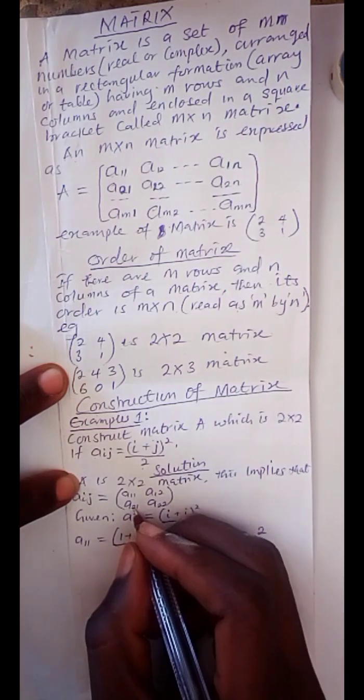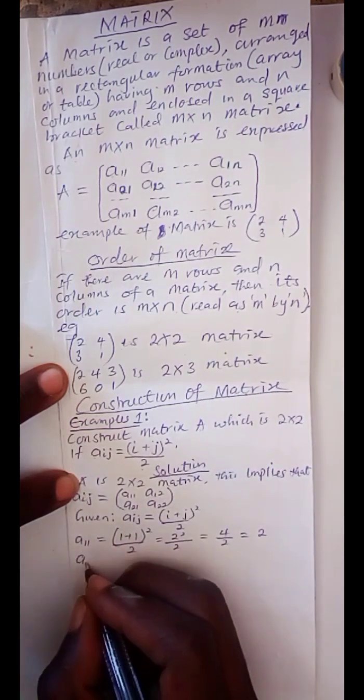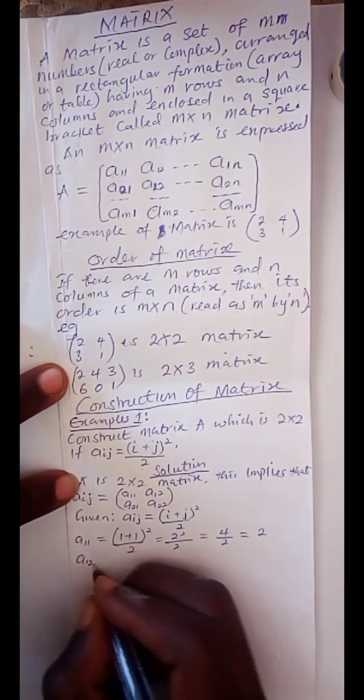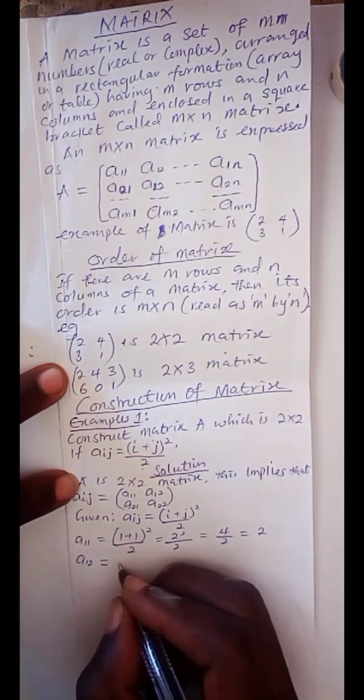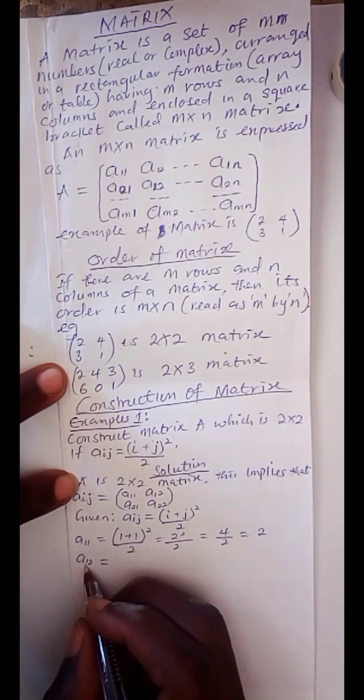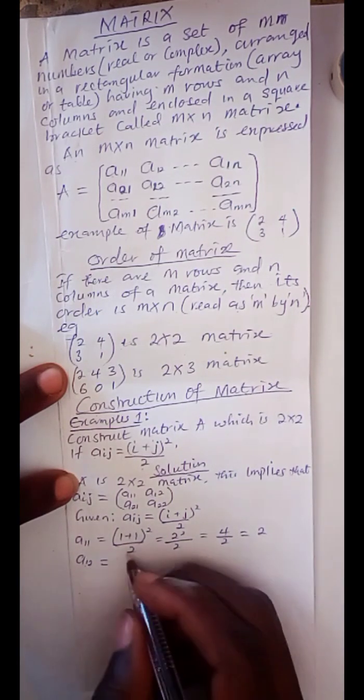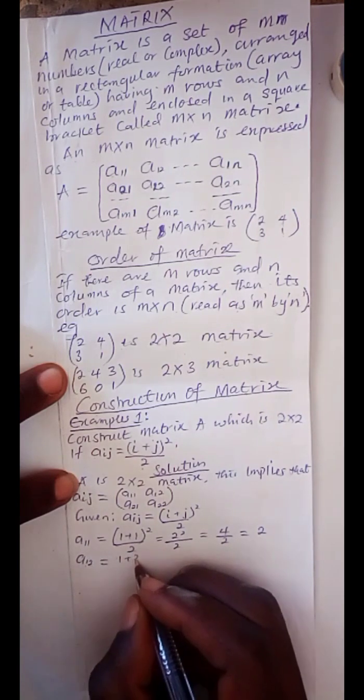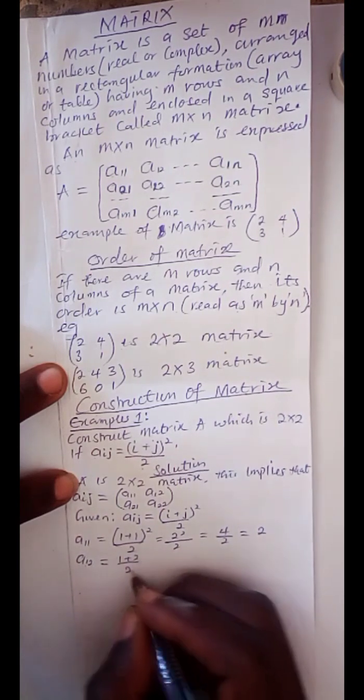Then we take A12, the element of row 1 column 2. Here our i is 1 and our j is 2, therefore it's going to be (1 plus 2) square divided by 2.